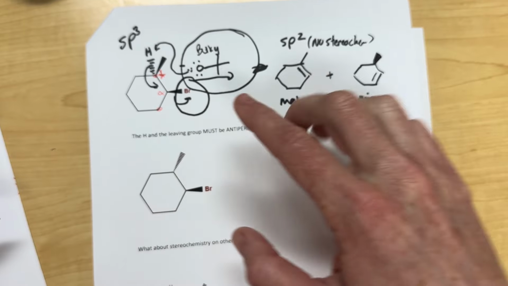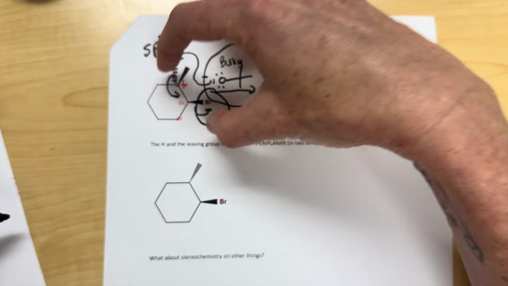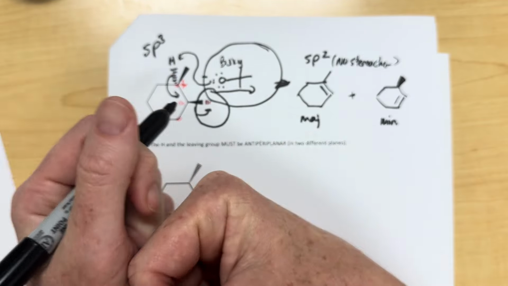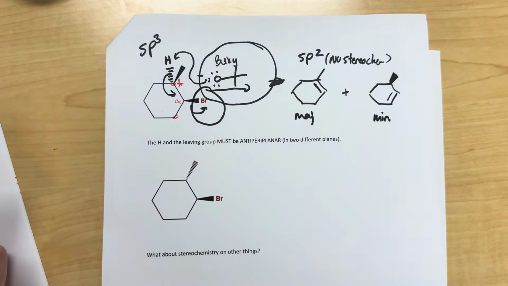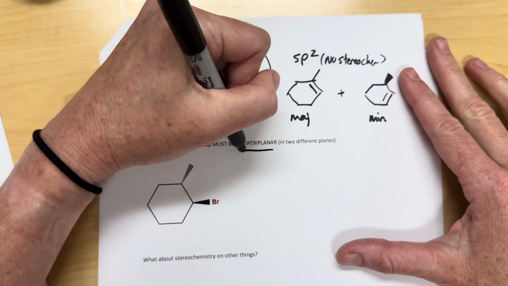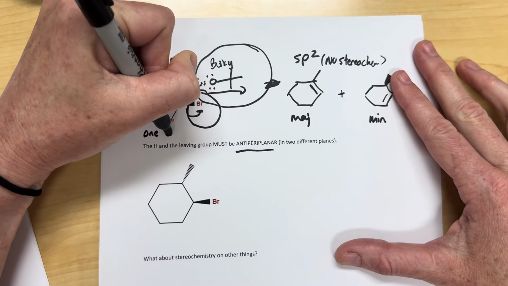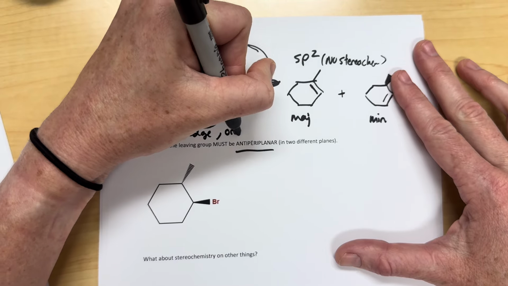It can't come the same direction as this bromide is in, because if it comes directly in the same direction that bromide's in, they're going to bump heads. It can't grab it because this thing is too big. It's blocking it. And therefore, these things will only occur if they're what we call anti-periplanar. Anti-periplanar means one on wedge and one on dash.